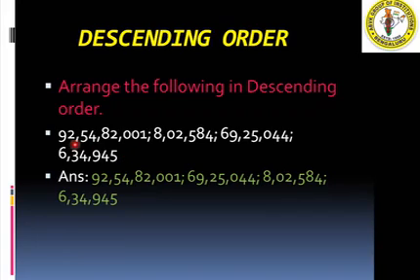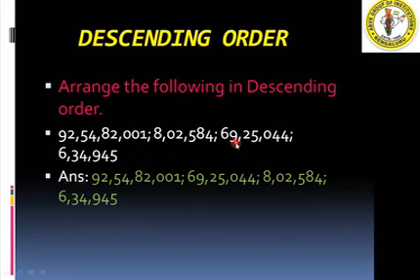So now in this, you know the first number is the only bigger number. You can compare the digits also. So only one number we have which is in crores. So that is 92 crore 54 lakh 82,001. So next number here you have 8 lakhs and here 69 lakh, 6 lakh. So 6 lakh, 8 lakh, 69 lakh.